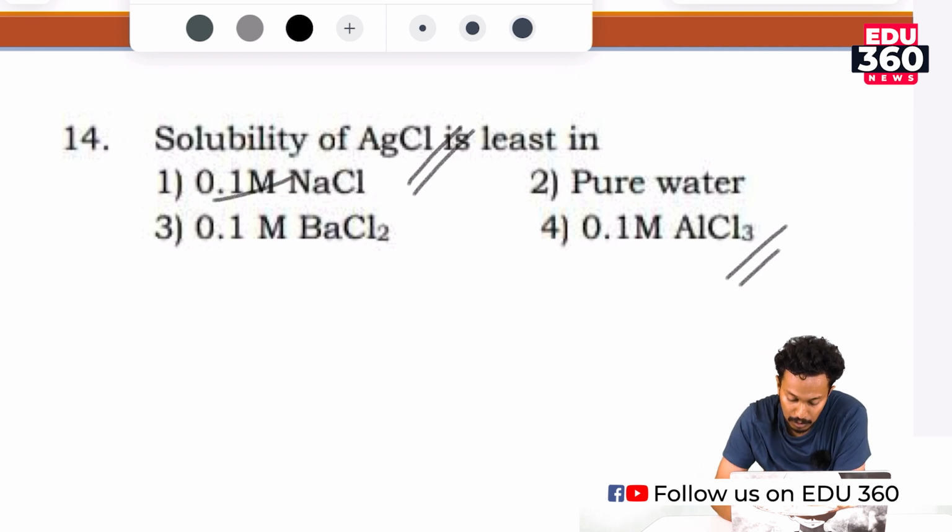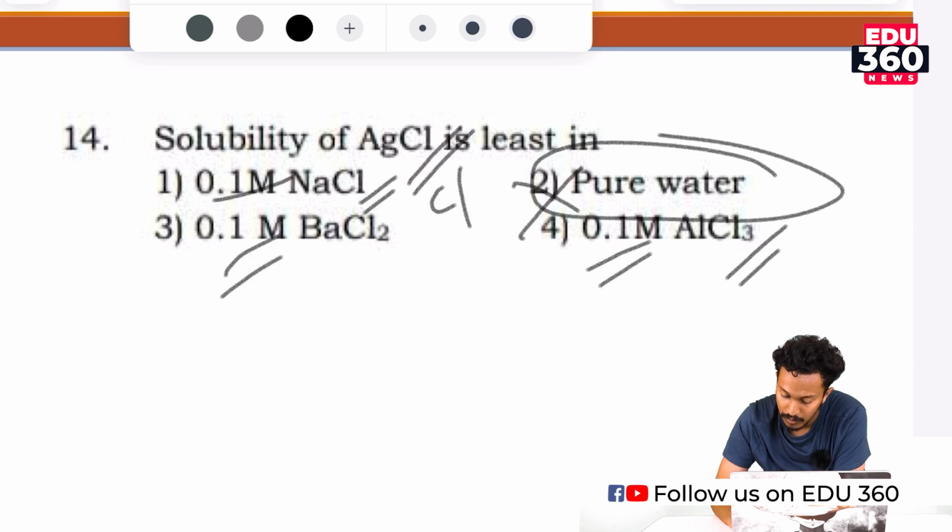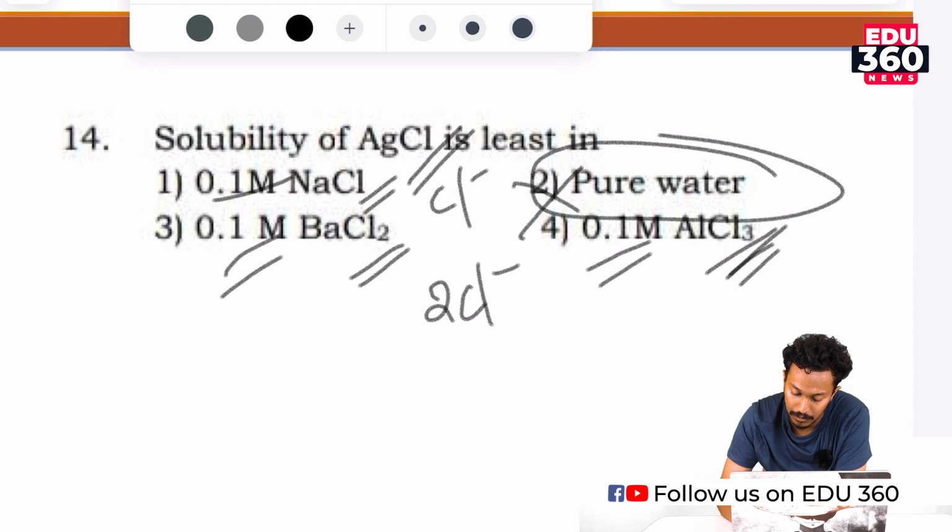Every option has 0.1 molar of solution. Pure water we could exclude, because it is lesser than silver chloride, and here NaCl has 1 chlorine, BaCl2 has 2 Cl minus ions, and AlCl3 has 3 chlorine ions.